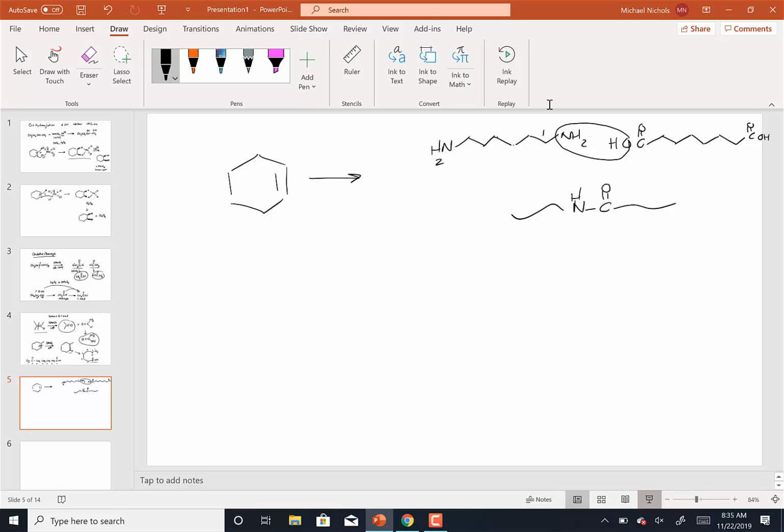A polyamide nowadays is a nylon, but there are many different types of nylon. Some plastic gears are made of nylon, of polyamide. You may have seen a demonstration, and if not, you could look it up on YouTube, where they take a carboxylic acid and an amine and mix them together, and at the interface, that's where the nylon forms.